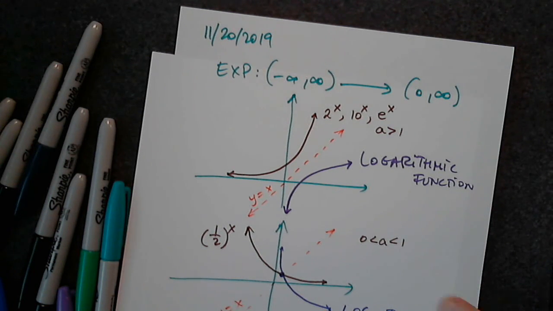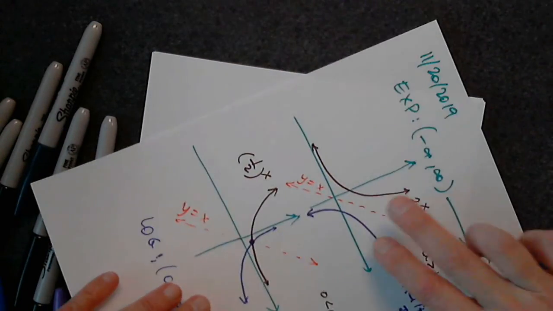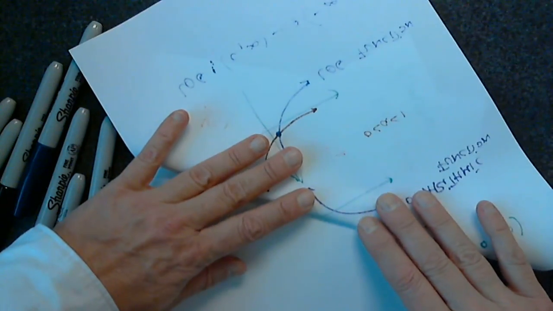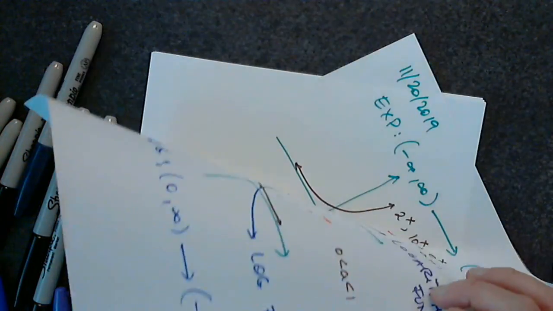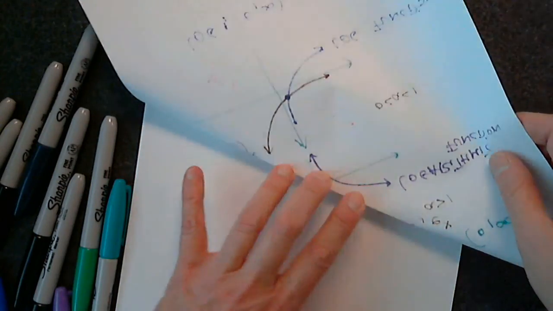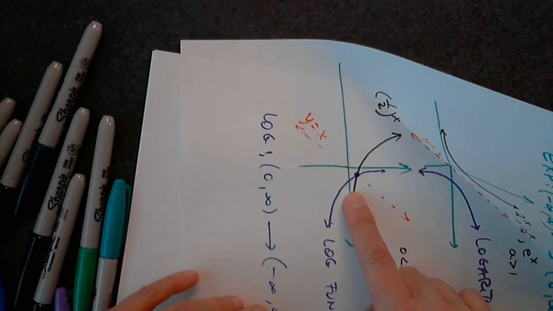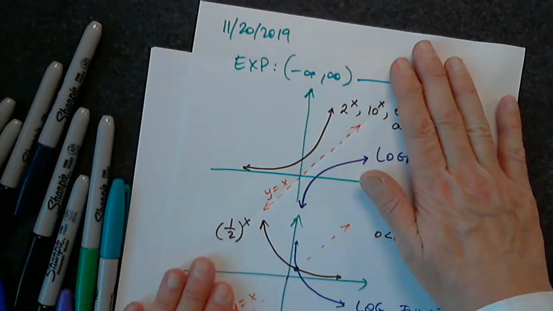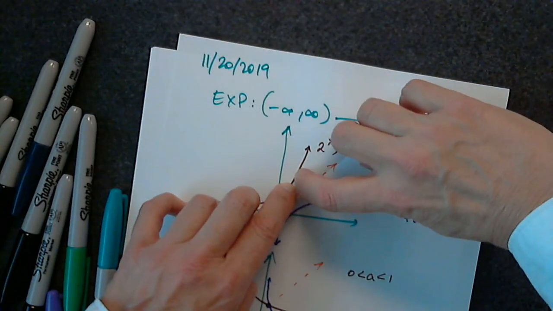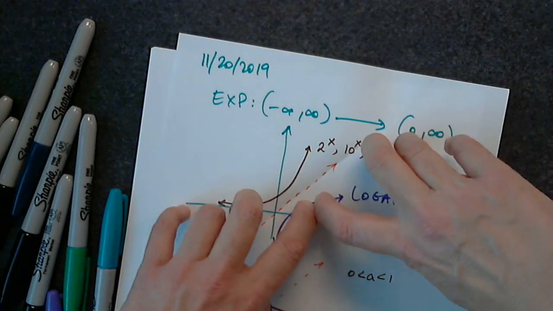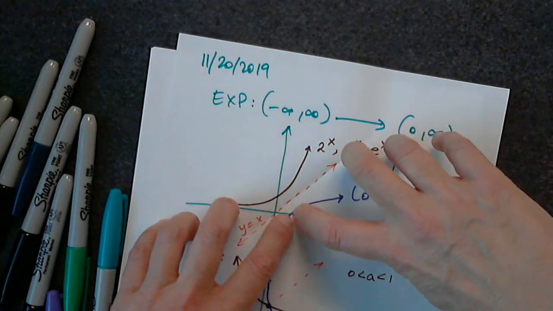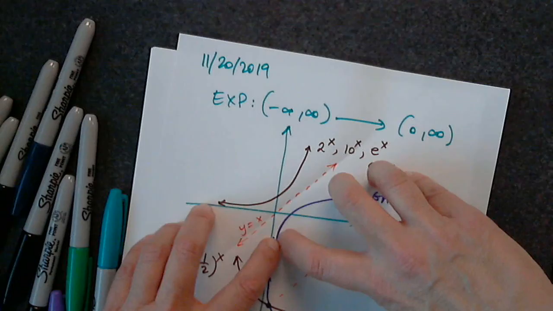So, because they are inverses of each other, we reverse the coordinates. See? The same thing here for that one. Because we simply reverse the coordinates. This point over y equals x is here. This point over y equals x is here. This point over y equals x is here.